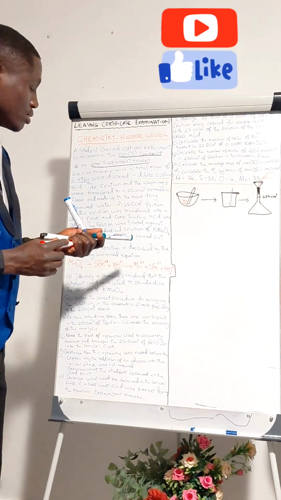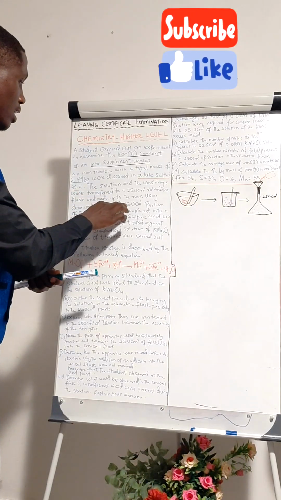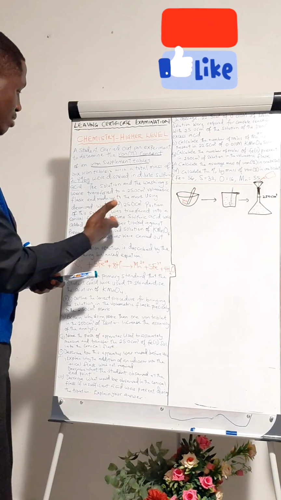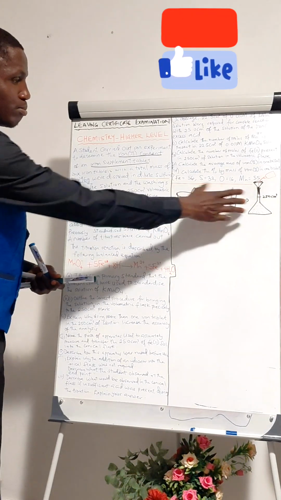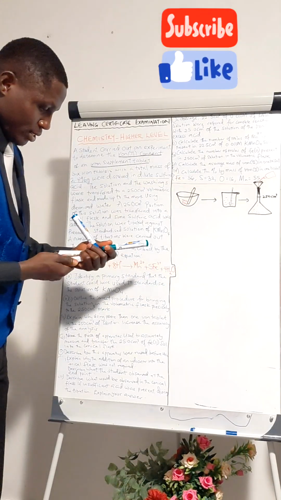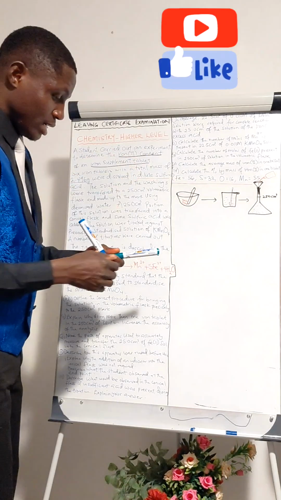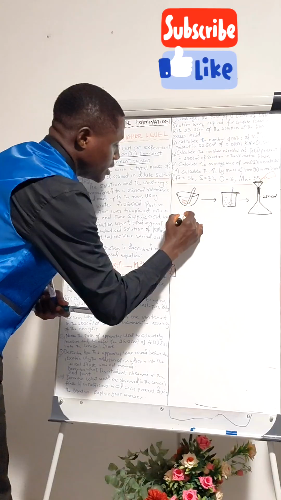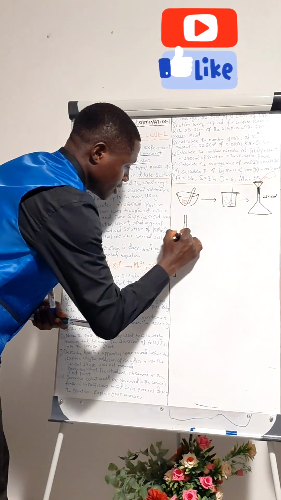Now the next thing was that a 25 cm³ portion of this solution was transferred into a conical flask. This is the portion obtained after the flask was inverted several times to get a well-mixed solution.